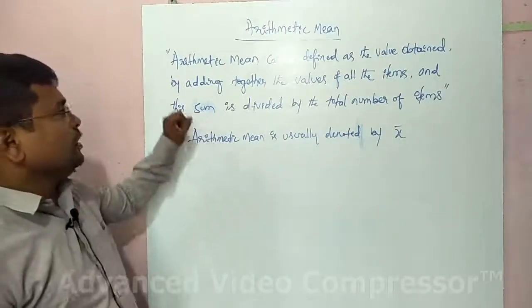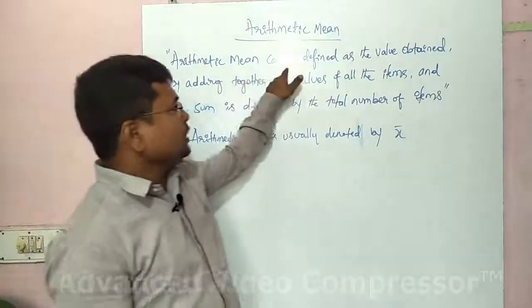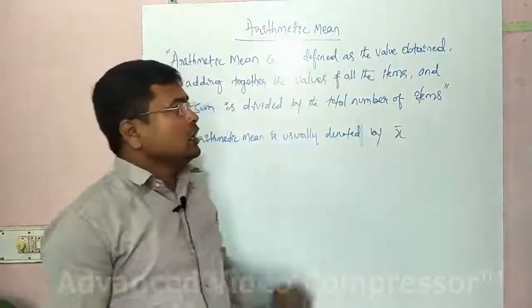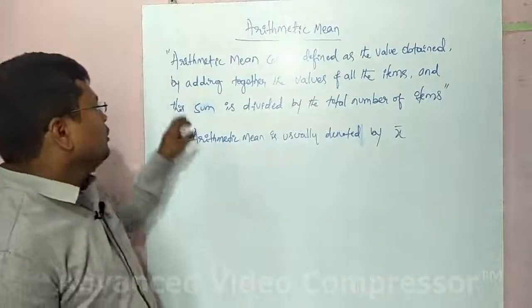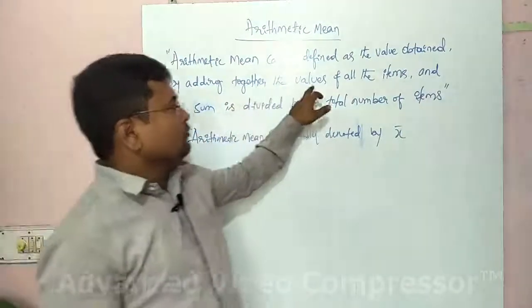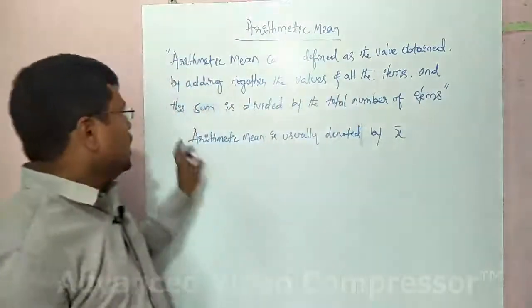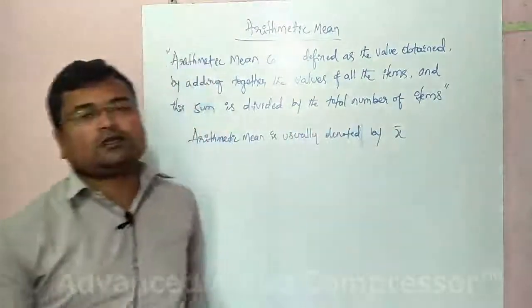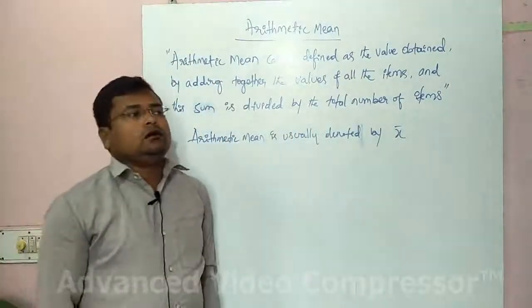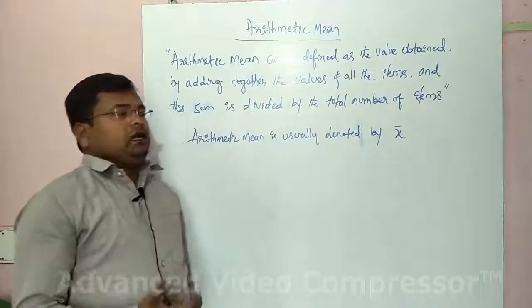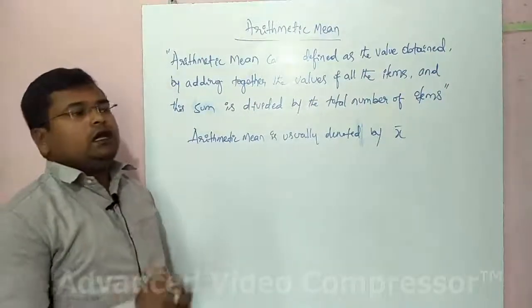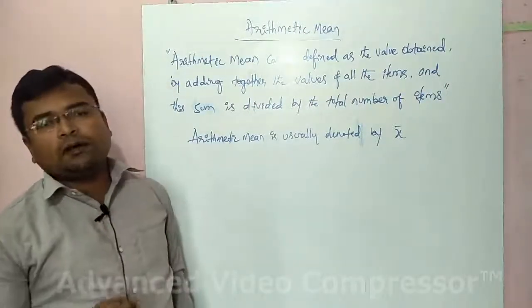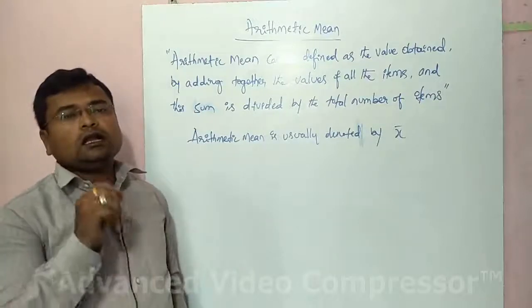As you can see the meaning here, arithmetic mean can be defined as the value obtained by adding together the values of all the items and the sum is divided by total number of items. That means the arithmetic mean can be calculated only if a series of numbers is given.